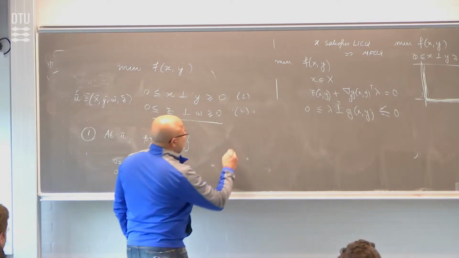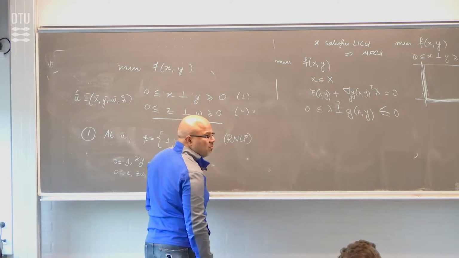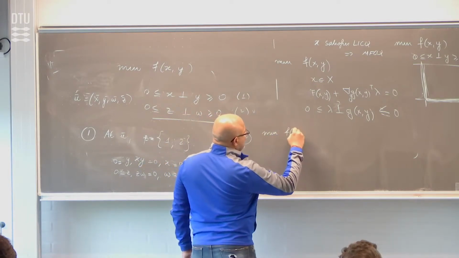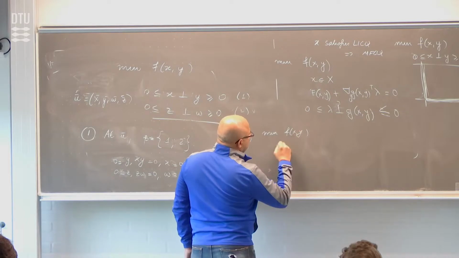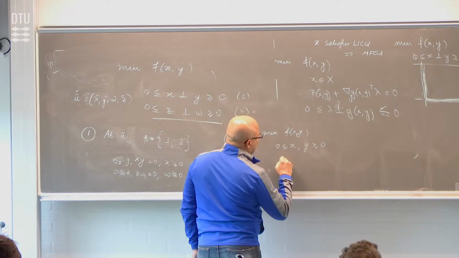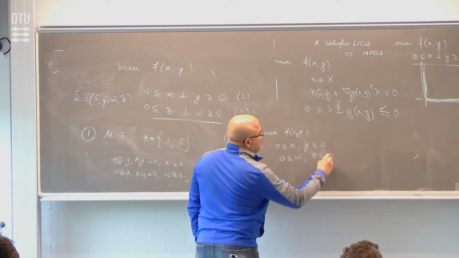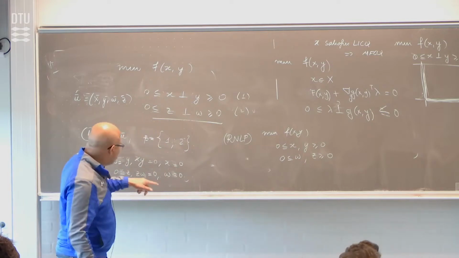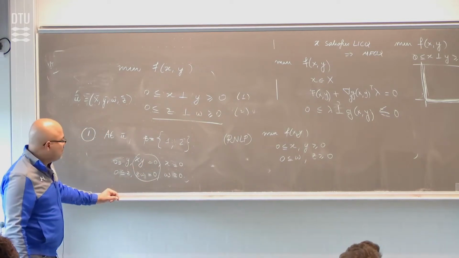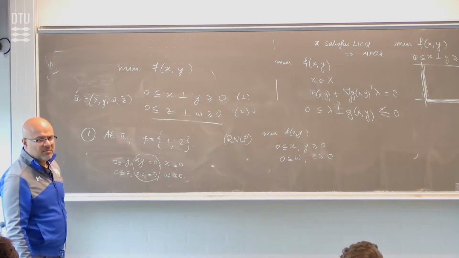So let's consider the relaxed problem. In the relaxed problem, we write it as minimize f of xy. I basically relax this, and if these are 0, it doesn't matter, I just relax them.